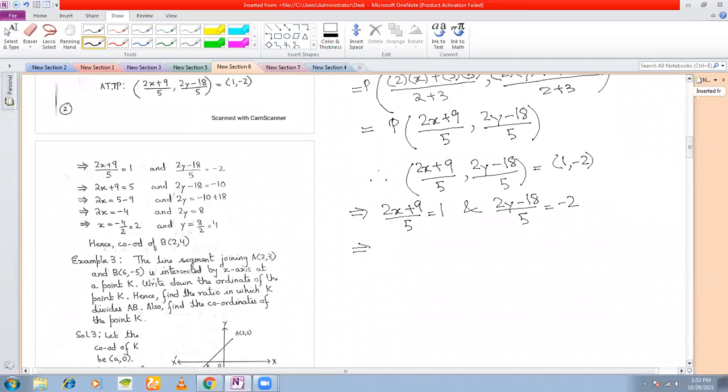We can solve these two equations to get the value of x and y. So cross multiply, 2x plus 9 is equal to 5 and 2y minus 18 is equal to -10.